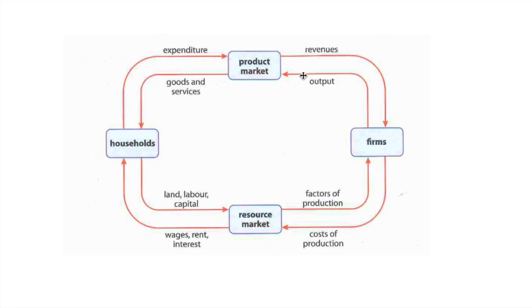They're not going to produce output and have cost of production for nothing in return. Of course they won't, because there's the revenue from the expenditure that comes from the product market to the firms. As you can see, this is the circular flow of a market economy. It shows that the participants, in this case households and firms, all benefit.